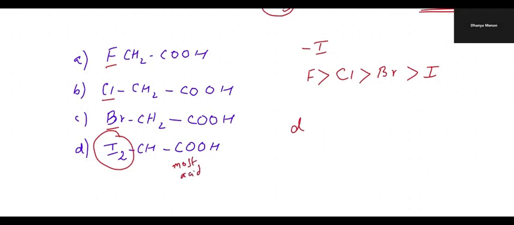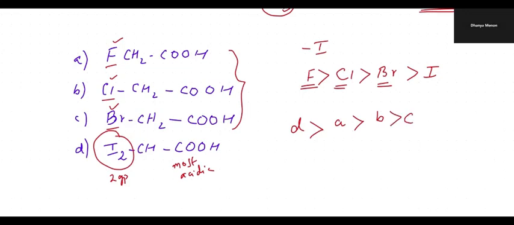The rest follow the normal order where fluorine is greater than chlorine is greater than bromine, because all of them have single minus I groups. So A is more acidic than B than C. Why is D most acidic? Because it has two minus I groups present. Okay, I hope I'm clear here.